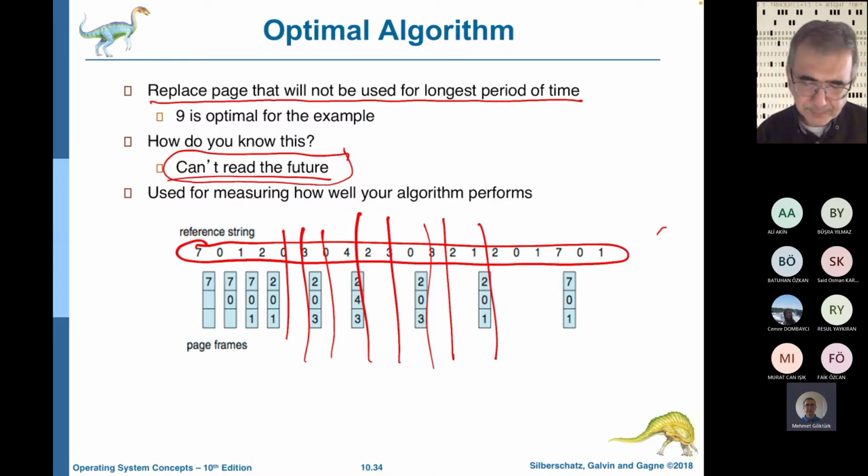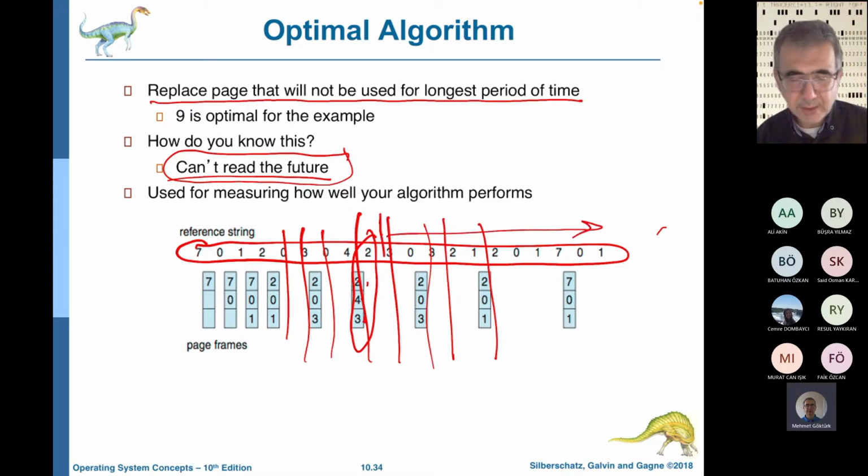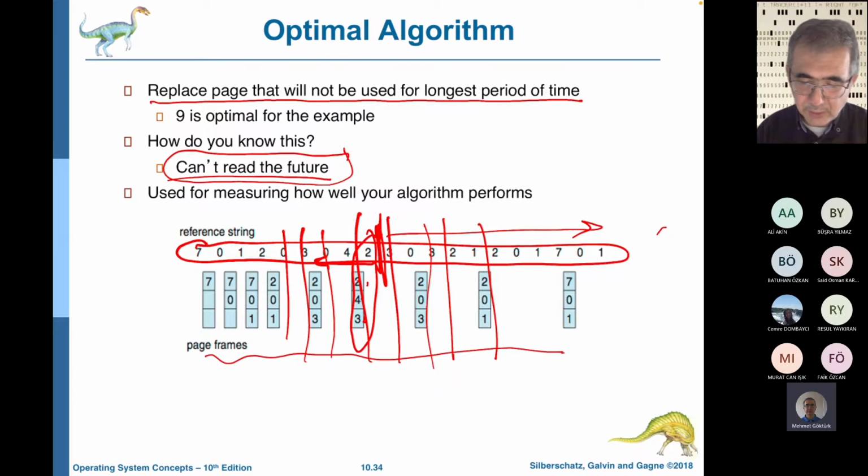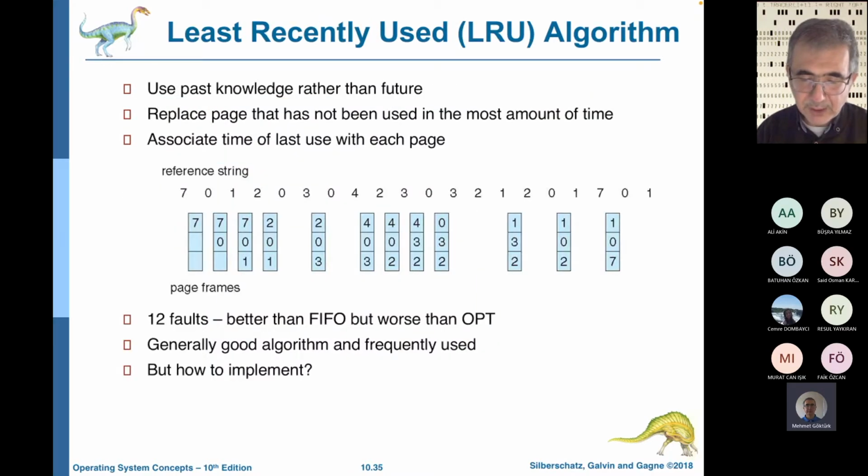You can only see what you have, and you don't know the future. So decisions are made based on the previous part. But in optimal algorithm, you know what is going to come as a hand analysis tool. So you can do much better with the same string. As you see, the number of page faults is significantly smaller.